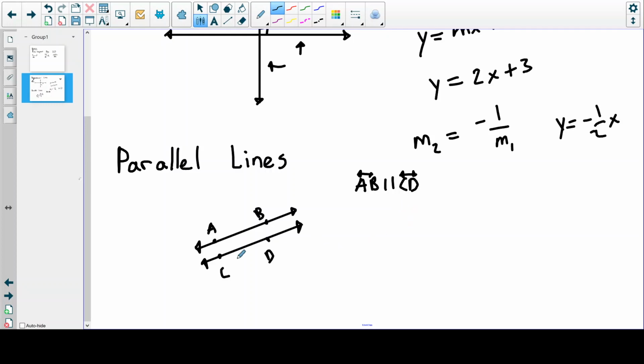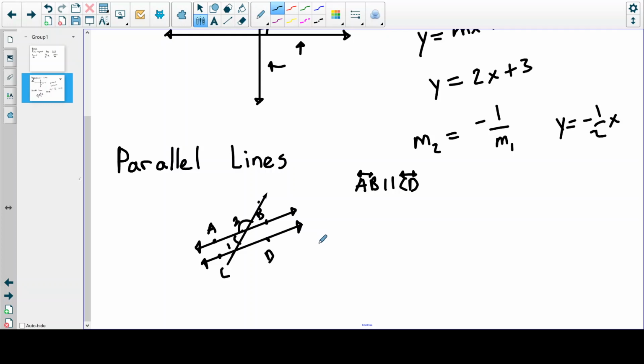When you see that notation, you can apply the properties of parallel lines. We'll cover more of those later, but most of the problems you're going to see have a line that intersects the parallel lines like this, and you'll be asked to find the angles, like angle 1, angle 2. We'll cover more of those properties in another video.